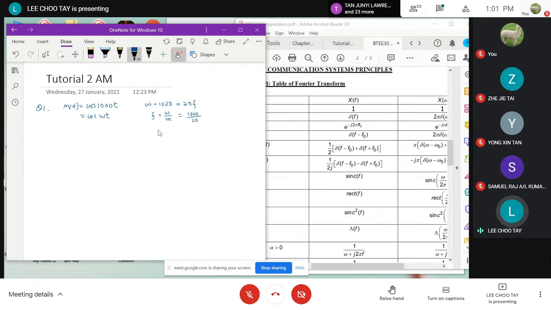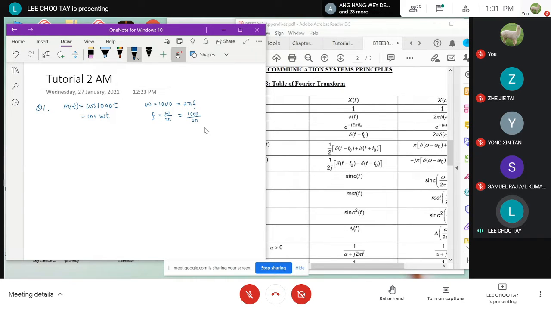Yeah. So if you want to sketch a spectrum in f, then you have to convert your omega to f, all right, which is 1000 over 2 pi. 1000 over 2 pi, if you press over calculator, the number is quite funny. It comes with the decimal point, all right? Well, you can also write that it's 500 over pi, no harm. Yeah.